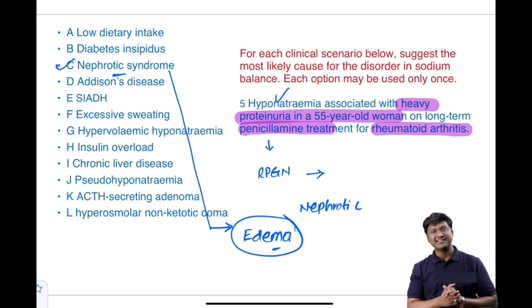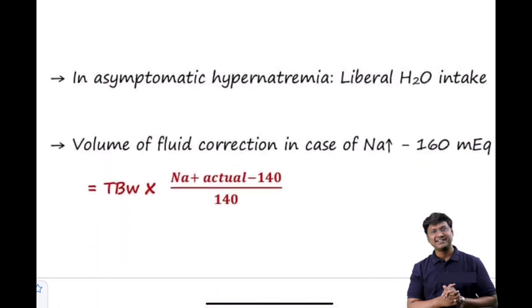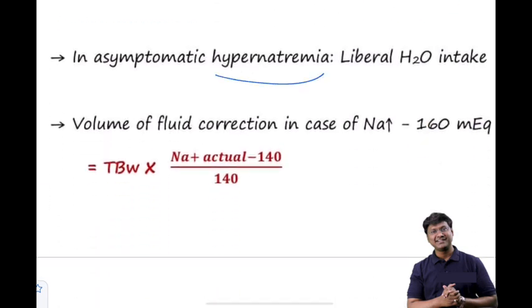Now, that was about hyponatremia. The last thing I wanted to tell you is how to calculate the fluid that should be given in case of hypernatremia. In case of asymptomatic hypernatremia, you need to give liberal water intake.